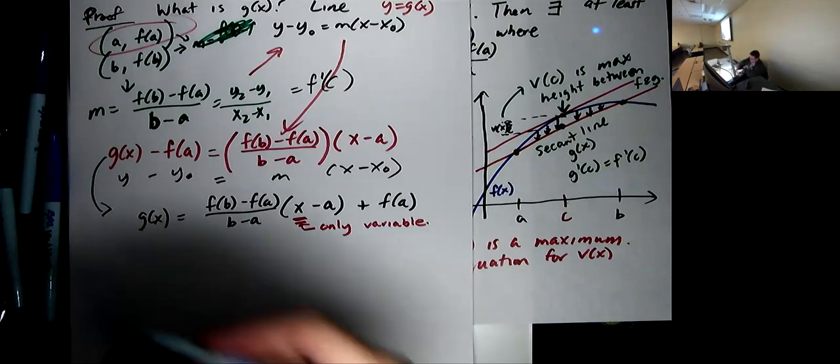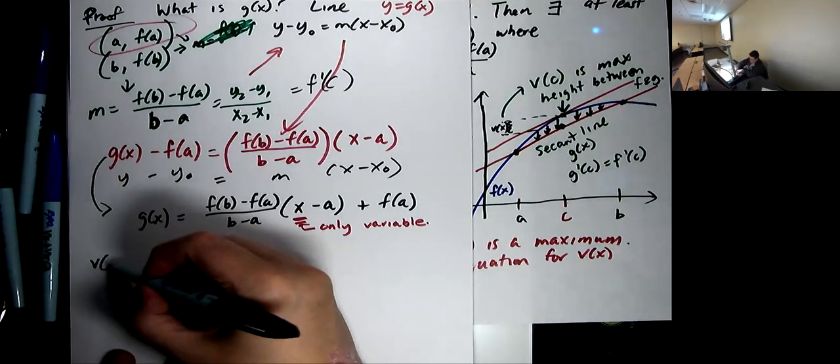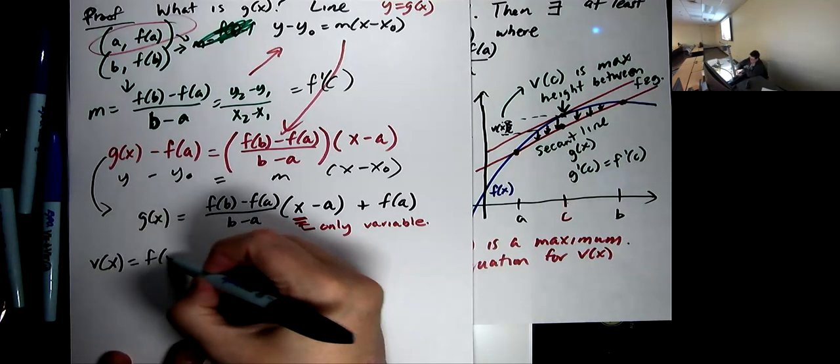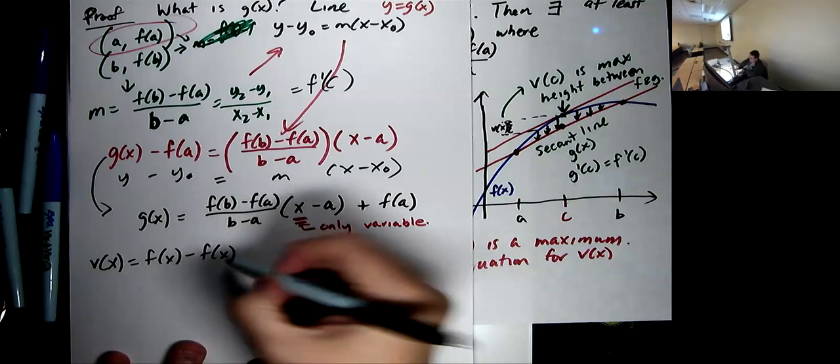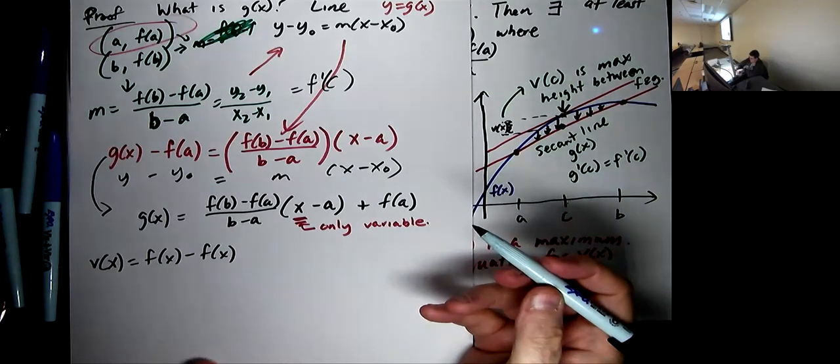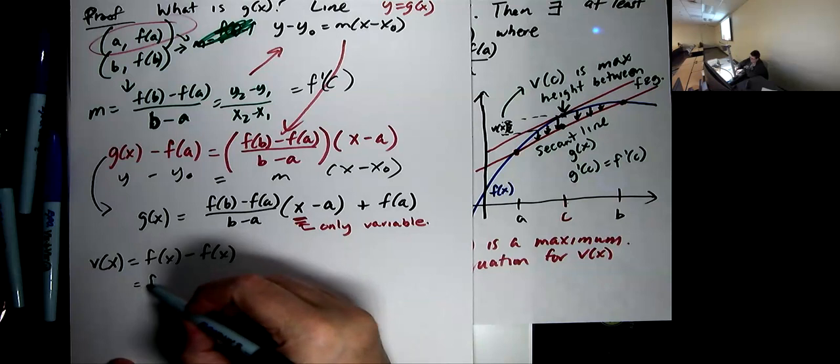And the formula for that vertical height is f of x minus g of x. So we're going to plug in what we just got for g of x.